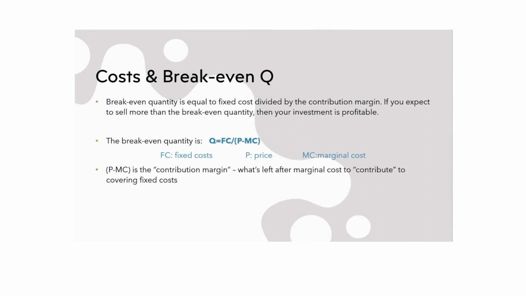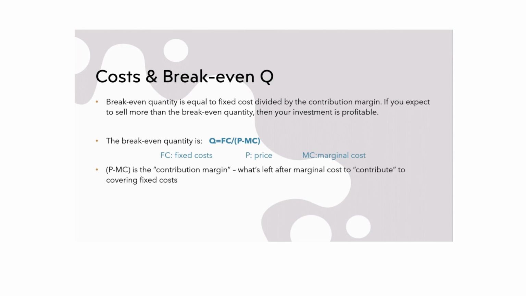And if we have a big value for MC compared to price, let's say we have price which is $5, and then we have marginal cost which is quite large, let's say 4.